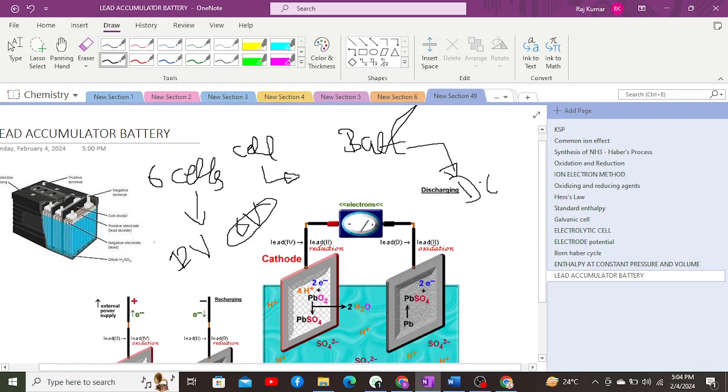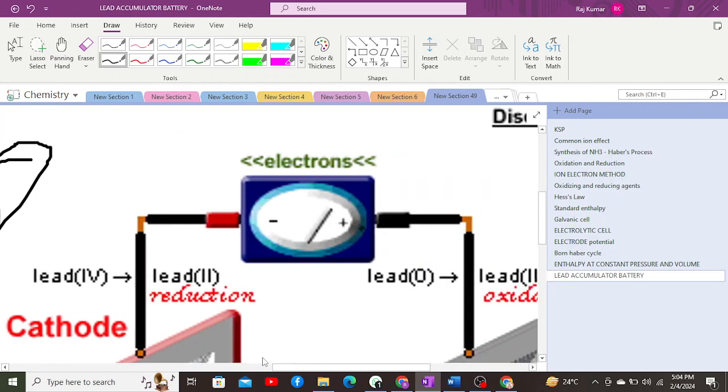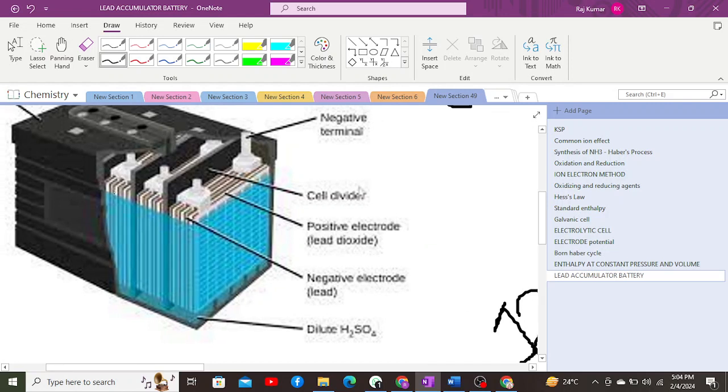Now coming to the mechanism, electrochemically, what is the actual mechanism going on in the battery? Each cell is divided from each other, and each cell contains two electrodes, a cathode and an anode. Within the battery there is an electrolytic solution of dilute H2SO4: 30% is H2SO4 and 70% is water, H2O.